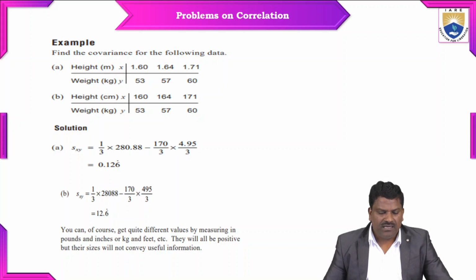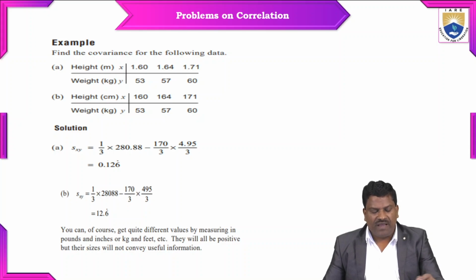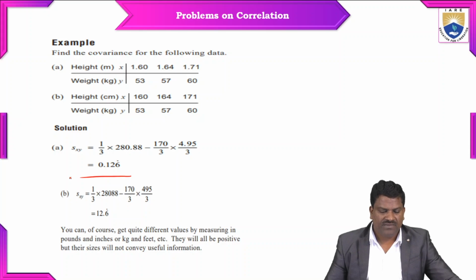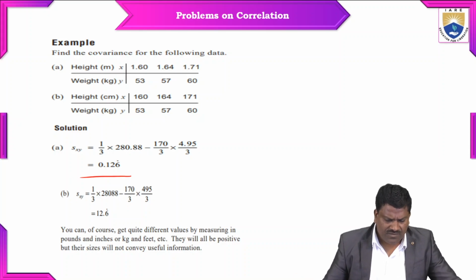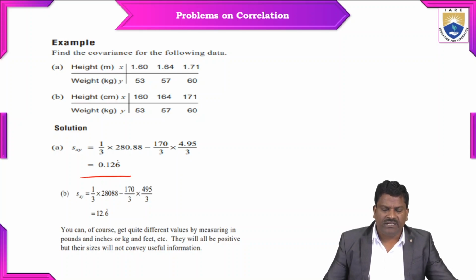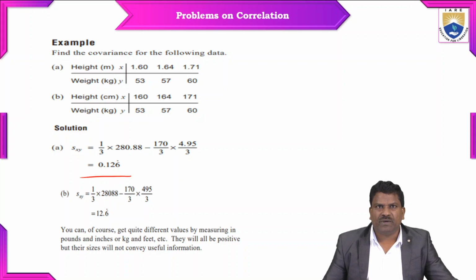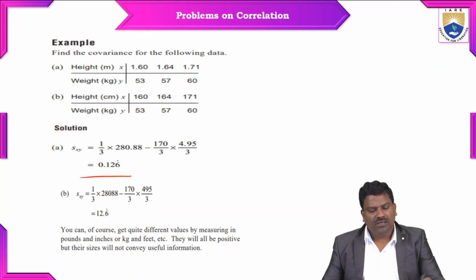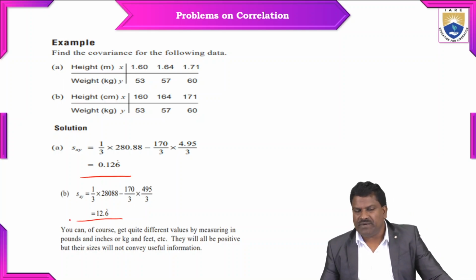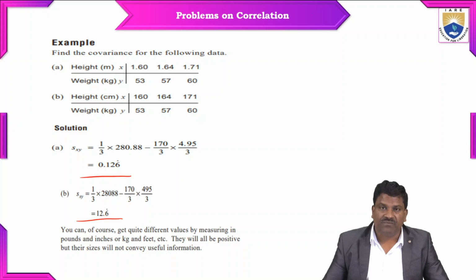So using that formula, S of xy becomes 1/3 into sigma xy, which will be 280.88, minus sigma y 170 by 3 into sigma x 4.95 by 3. Its value is 0.126. Like that, S of yx also we can find. It is also the same formula, 1/3 into 280.88 minus sigma x by n into sigma y by n. So it is also becoming 12.6. So what is the significance?